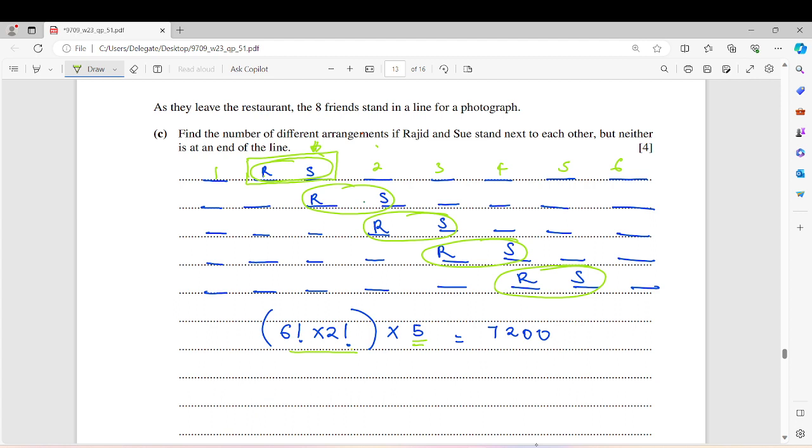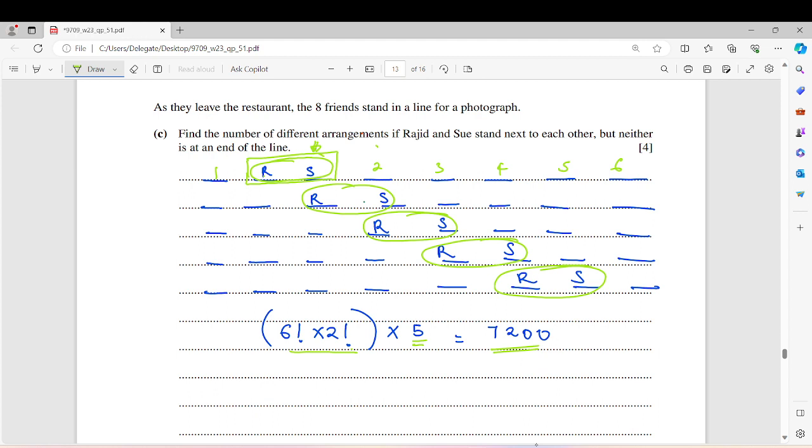But we see we can have them in how many positions? In 5 different positions. And when you work out this, you end up having your answer as 7,200 ways in which that can be done. So you needed to first look at, just like the way I did it, try to draw a line.